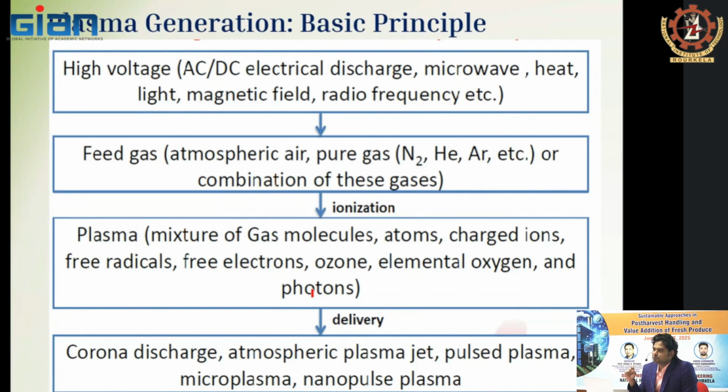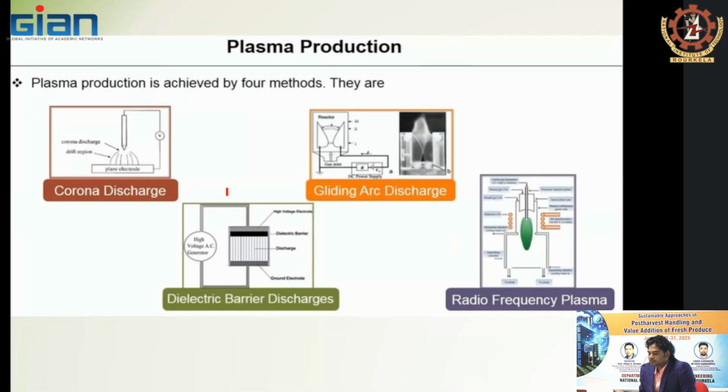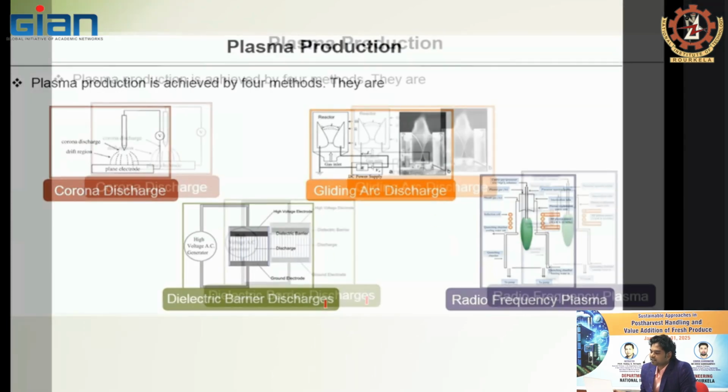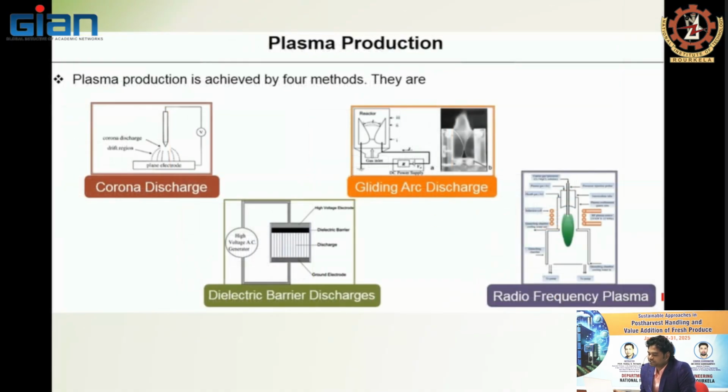Atmospheric plasma jets are available, and then pulsed plasma, which produces plasma in pulses, and then microplasma and nanopulse plasma. So there are different types of plasma production techniques. Some of the most widely used are corona discharge, gliding arc discharge, dielectric barrier discharge, and radio frequency plasma.